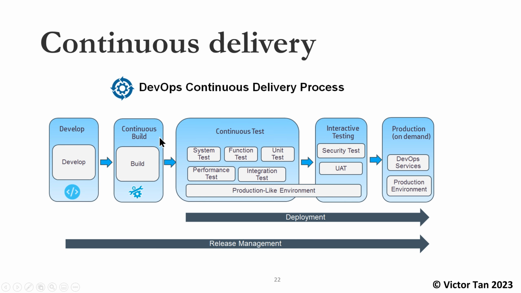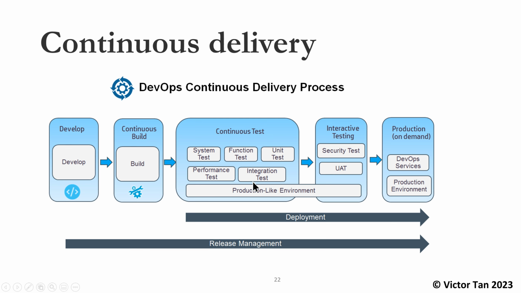So you can see here that the CD stage involves what is called the staging environment. The staging environment, as I mentioned, is an environment that's similar or identical to your production environment, and the whole purpose of the staging environment is just to run all the different kinds of tests. So there may even be security tests.